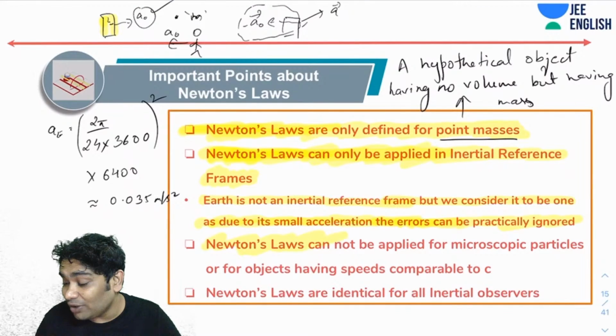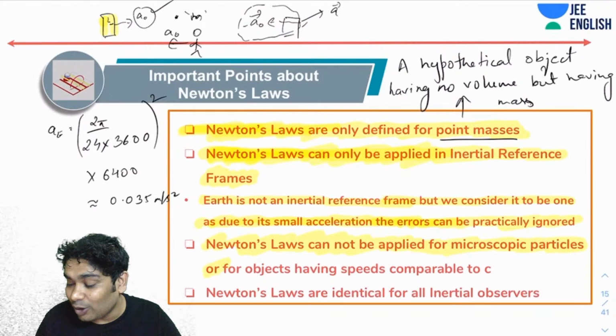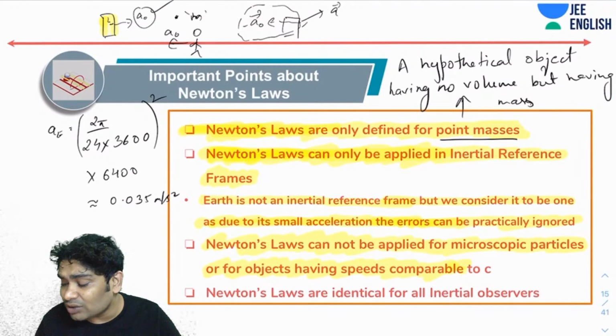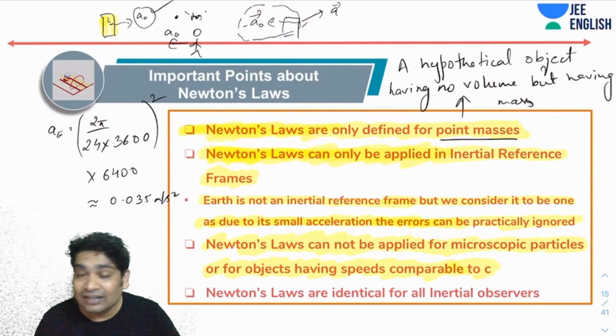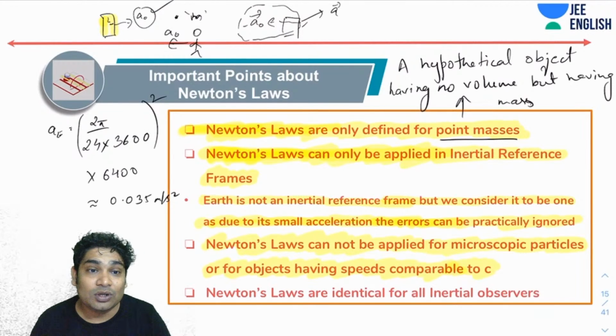This is also very important. In the case of microscopic particles, you just won't be able to apply Newton's laws. Similarly for objects moving with very high speeds comparable to c. That does not happen practically, so we are fine. If these two cases arise, I won't be able to apply Newton's laws.